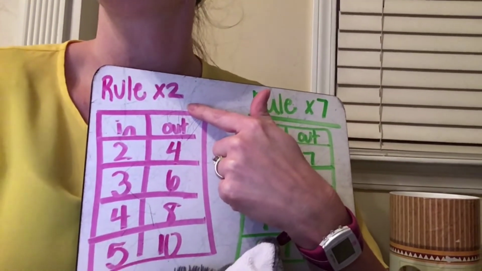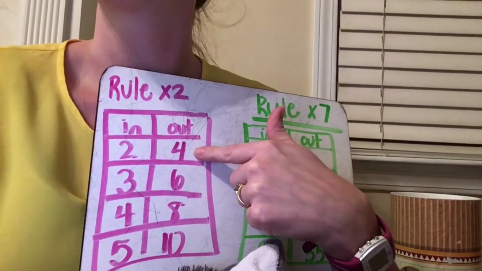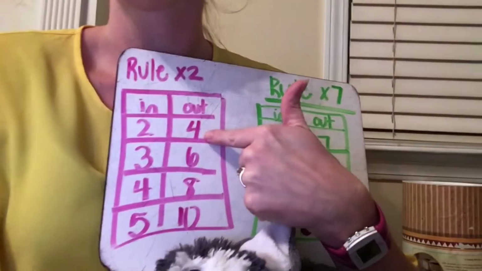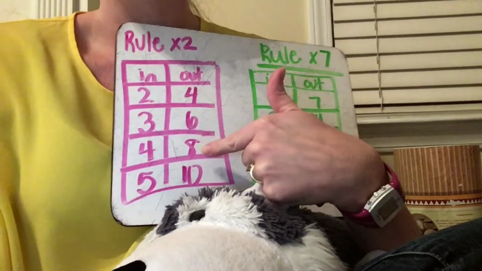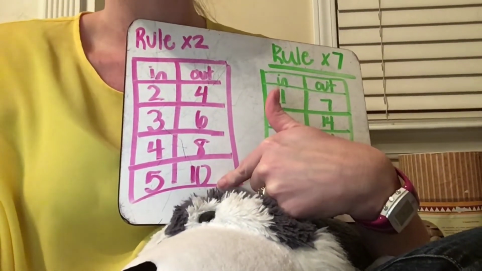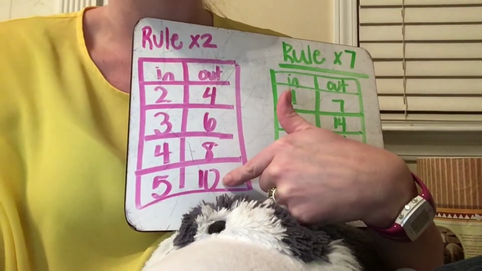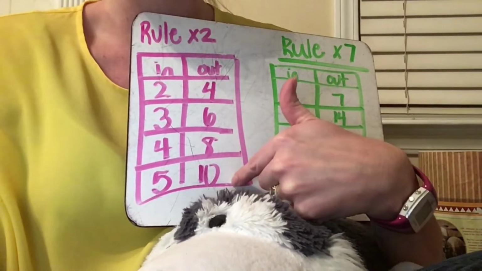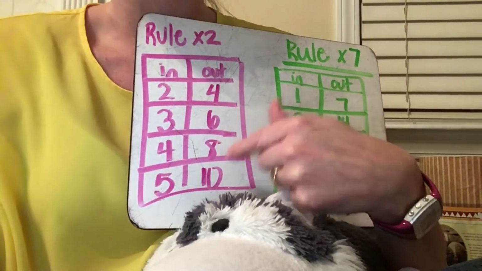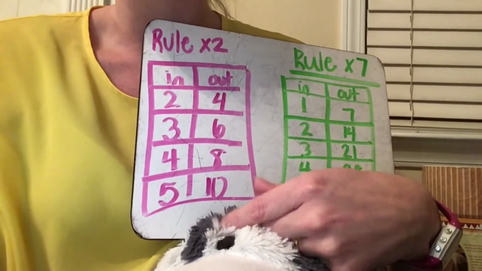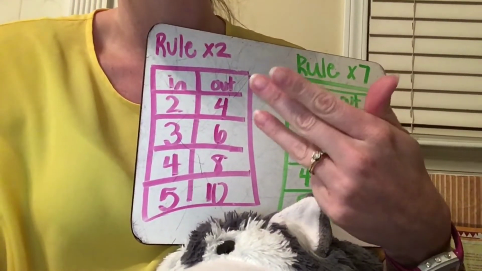So the multiples of 2 are 2 times 1 would be 2, and then we have 2 times 2 is 4, 6, 8, 10. And if I had to describe this pattern, I would say all of the multiples are even. And if I kept going with this pattern, I would see that they all end in a 2, 4, 6, 8, or 0.